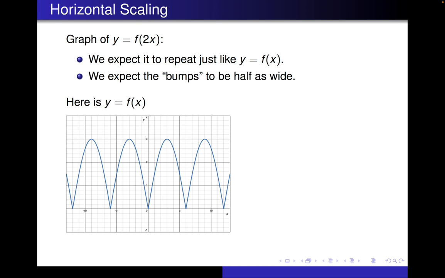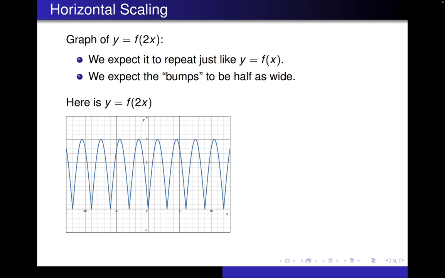If we graph y equals f of 2x, notice that those bumps get twice as skinny, but otherwise the y coordinates are the same. They're still roughly the same shape. They've just been squished a little bit. So that gives us what we call a horizontal compression of the graph of y equals f of x. If we have y equals f of x, y equals f of 2x gives us a compressed graph.